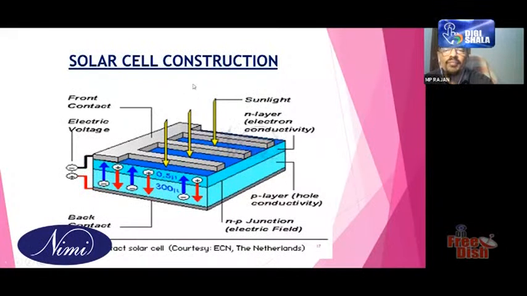So we require the direct sunlight, which has high intensity of light. Normally it is 900 to 1000 watts per meter square.